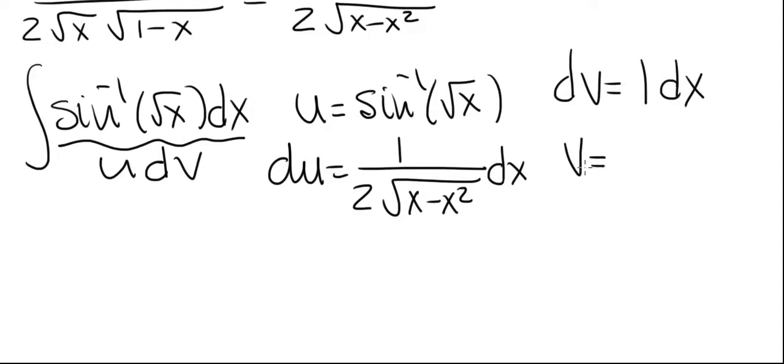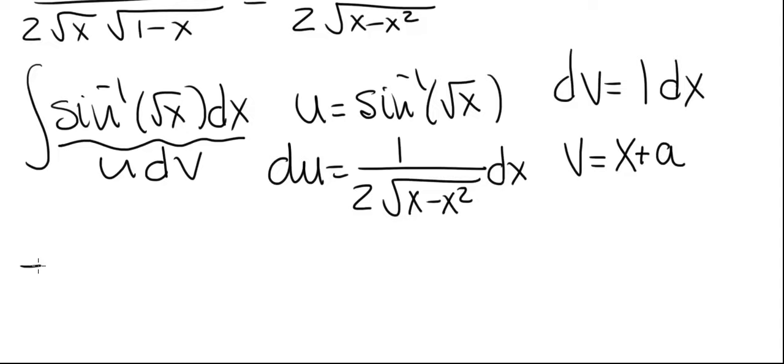Normally we would select v to be x. We want to make the integral on the right, the integral of v du, as easy as possible. So for now, let's call v x plus a, where a is a constant, and we'll find a, the constant that will make the integral of v du as easy as possible.